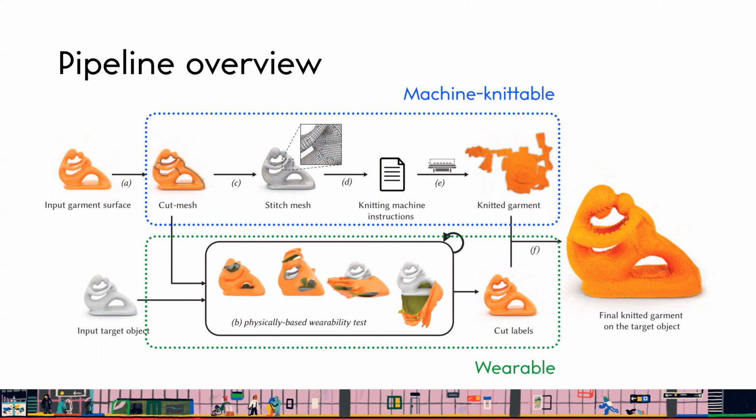It then runs two modules in parallel, the wearability test and the machinability test. The wearability test is used to determine which edges of the cut surface should be temporarily placed and which may be permanently sewn. Concurrently, the machinability module generates an anisotropic stitch mesh and schedules the machine knitting instructions.